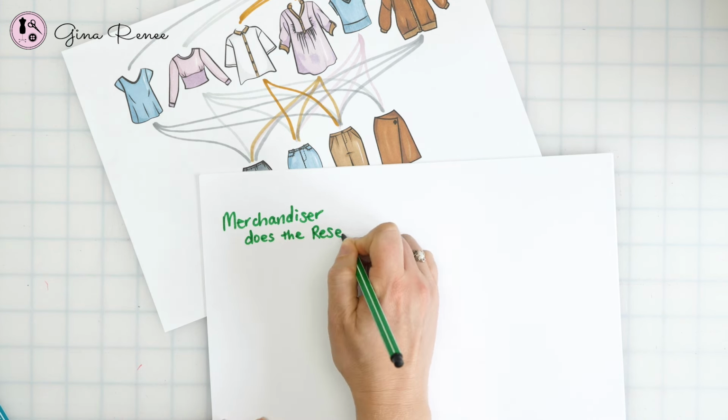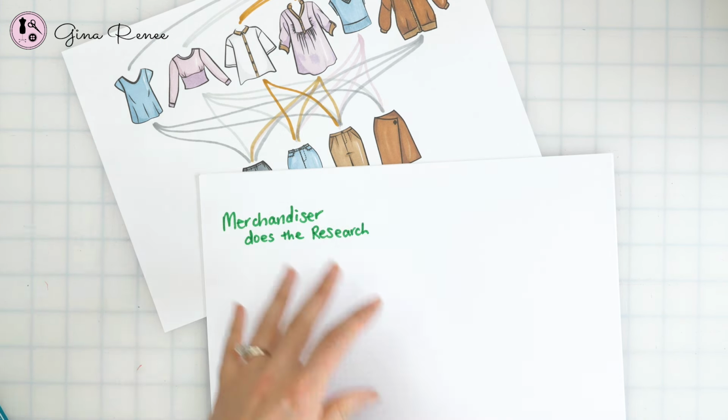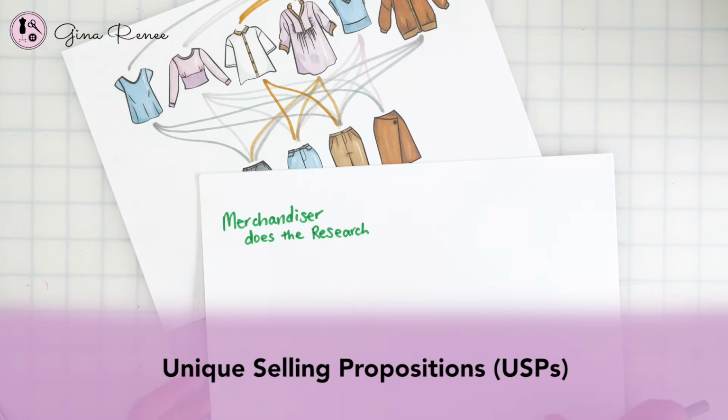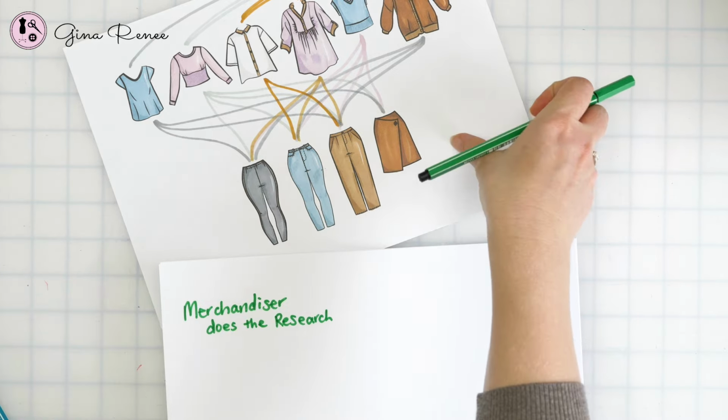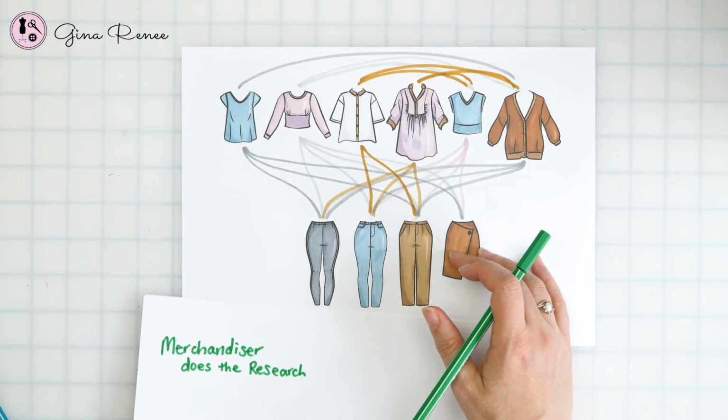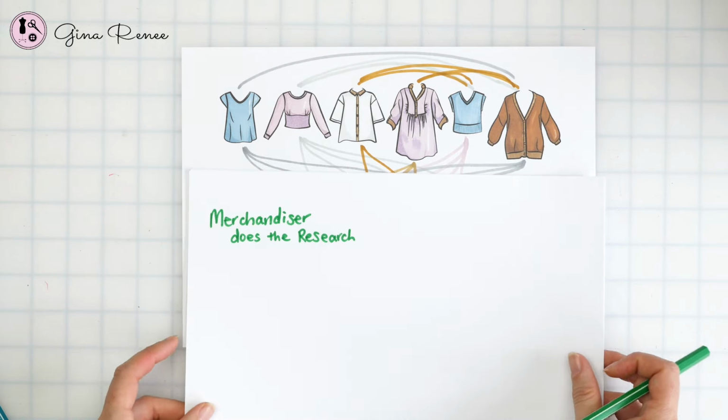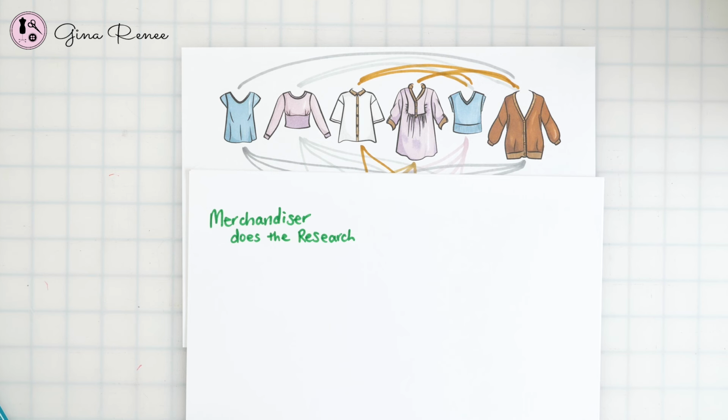Merchandiser does the research. They determine what sort of unique selling propositions, USPs, or features those products need and at what price points. They'll also give any sort of feedback to the designers about what colors are trending and selling well.